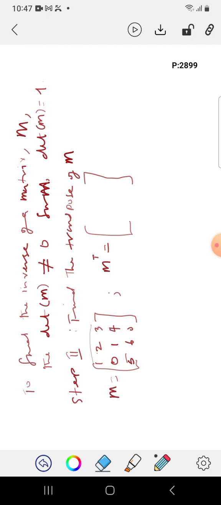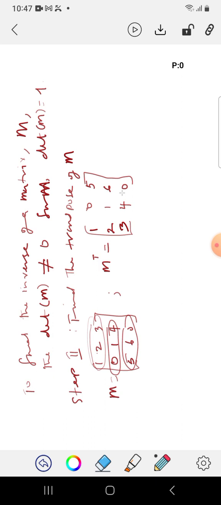You take the rows here and they become the columns here. That's now 1, 2, 3. Then you take this one and it becomes 0, 1, 4, and the last one becomes 5, 6, 0. So you have successfully calculated the transpose of that matrix.